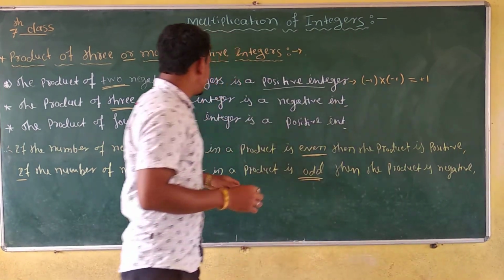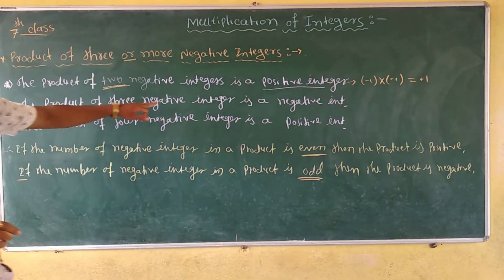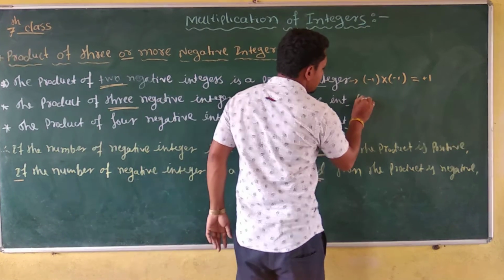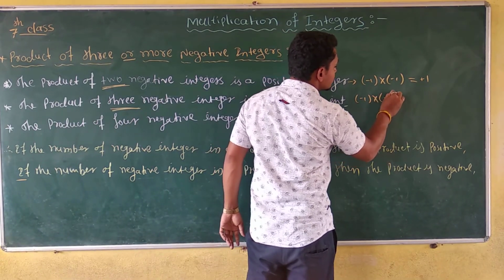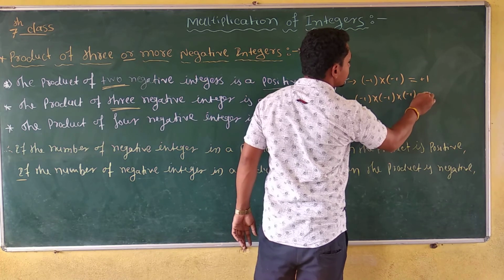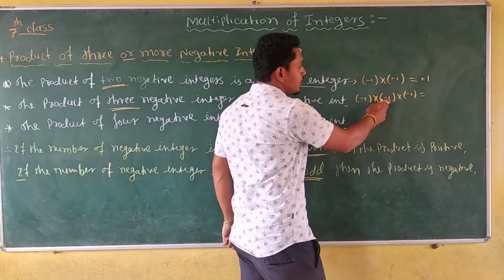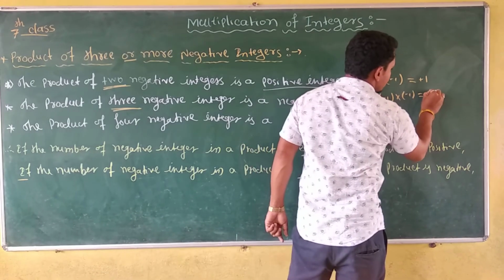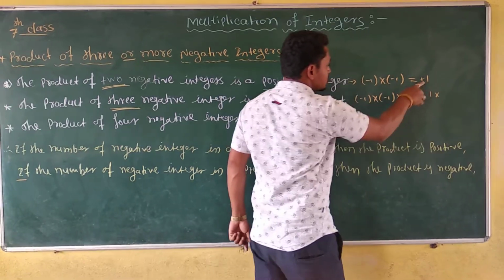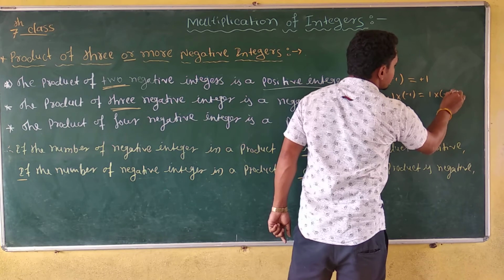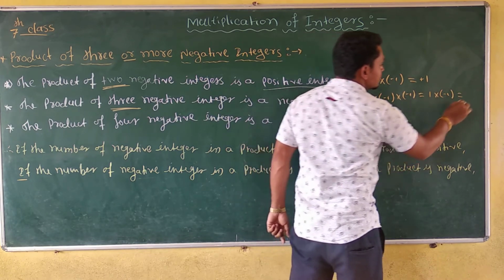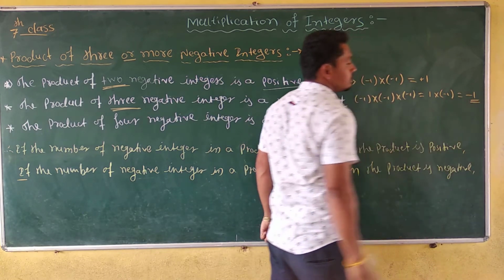Next, the product of three negative integers: minus 1 into minus 1 into minus 1. Minus 1 into minus 1 is plus 1, so 1 into minus 1 is minus 1.